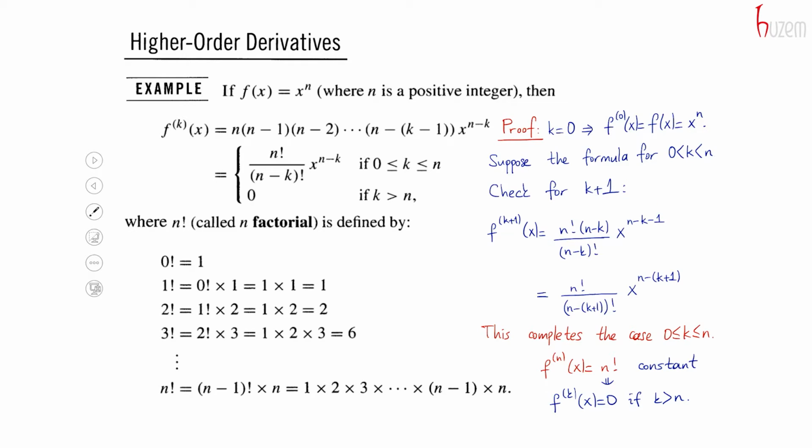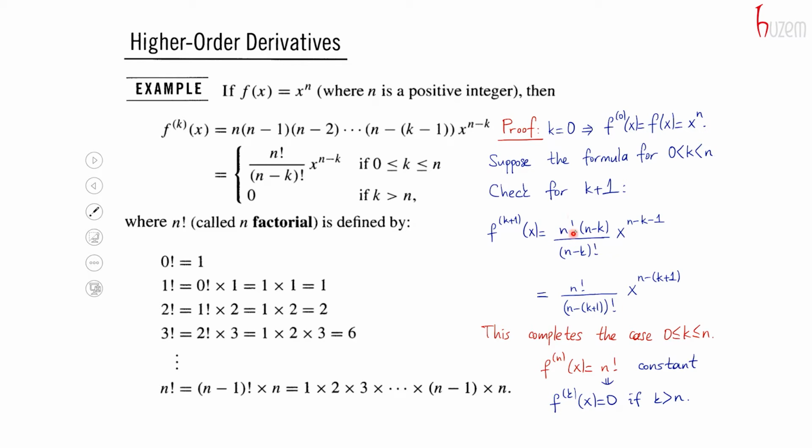If you rearrange this, the n minus k will cancel here, so that you have n minus k minus 1 factorial here.